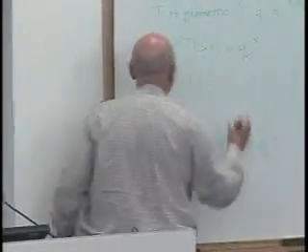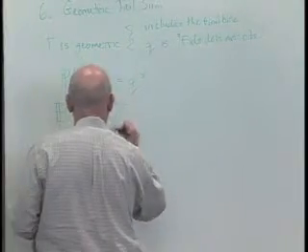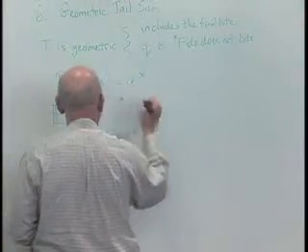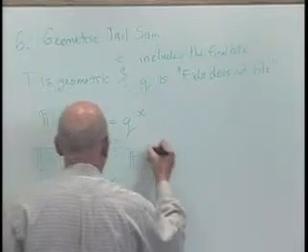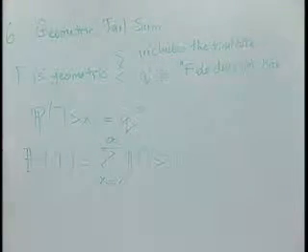The expectation of this random variable T is the sum from X equals 0 to infinity of the probability that the random variable exceeds X. I just proved that.